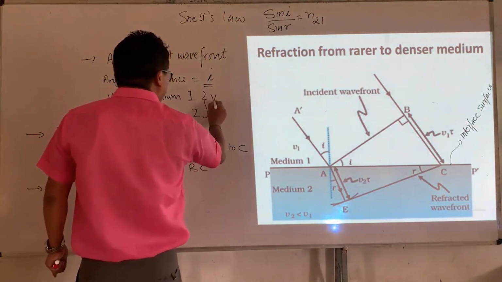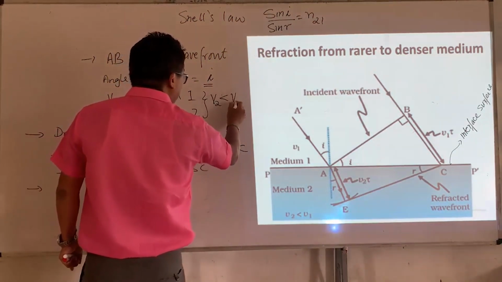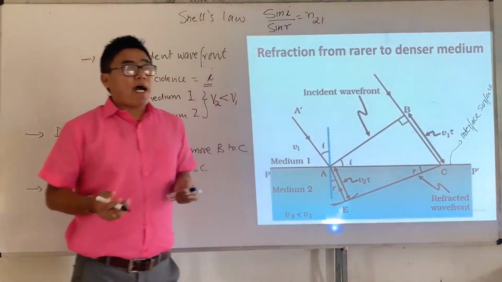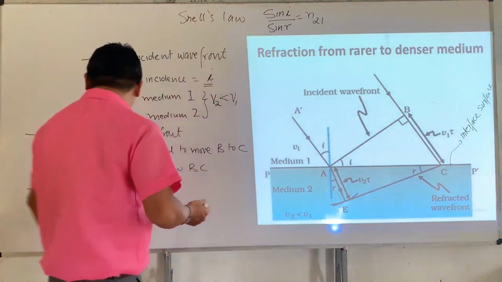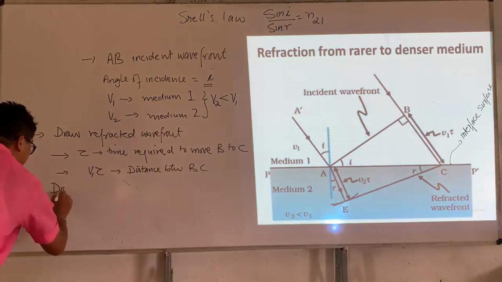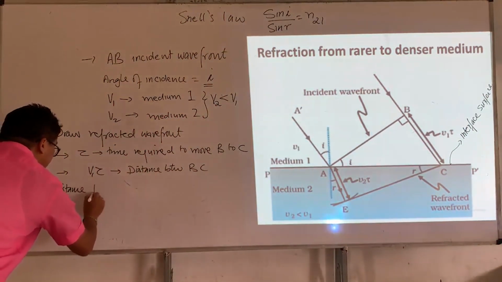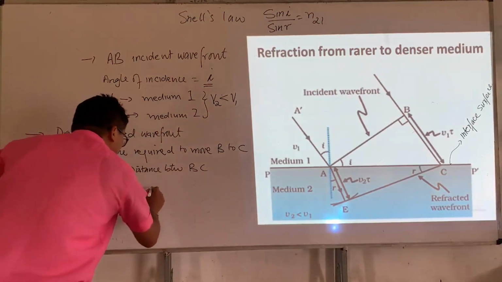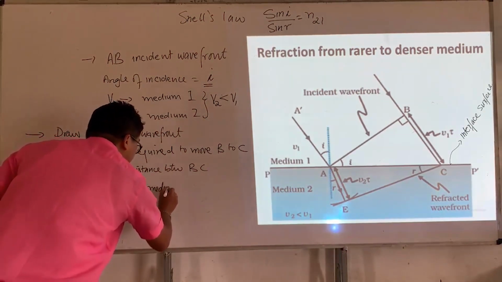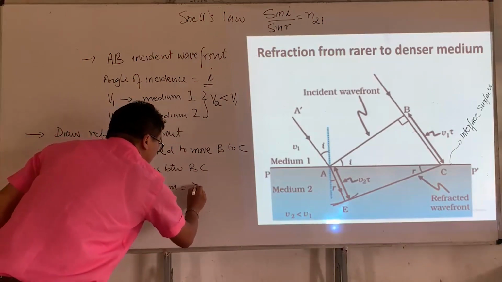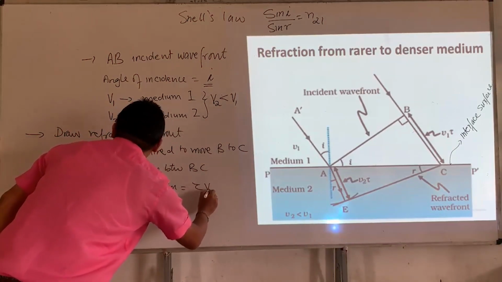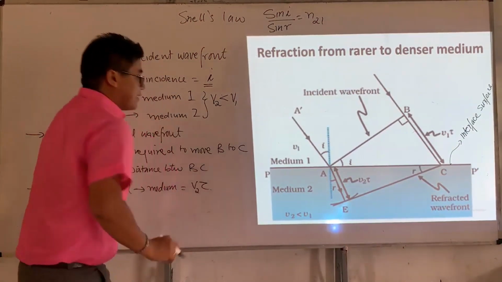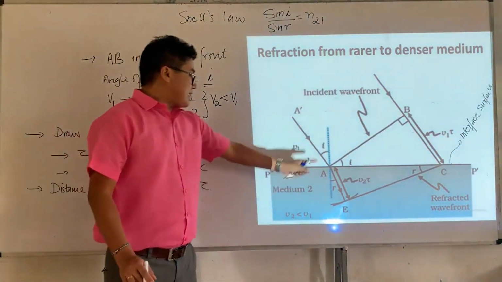Now we would like to see what is the distance traveled by the wave in the second medium. So the distance traveled in the second medium is going to be tau V2, let's say V2 tau. This is the distance traveled in the second medium.